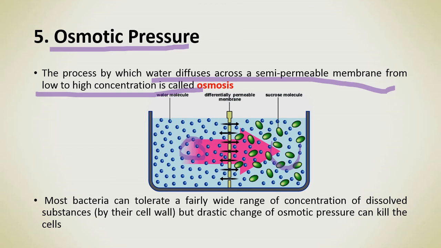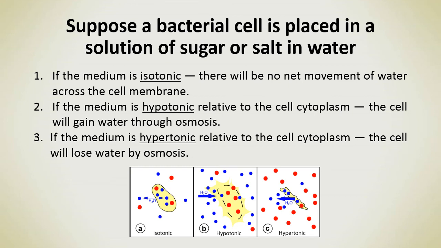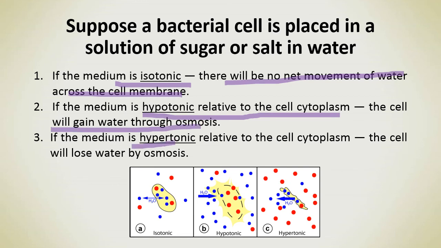Most bacteria can tolerate a fairly wide range of dissolved substances because of their cell wall, but a drastic change of osmotic pressure can kill the cells. In an isotonic solution, there is no net movement of water across the cell membrane. If the medium is hypotonic relative to the cell cytoplasm, the cell will gain water through osmosis. If it is hypertonic relative to the cell cytoplasm, the cell will lose water by osmosis.